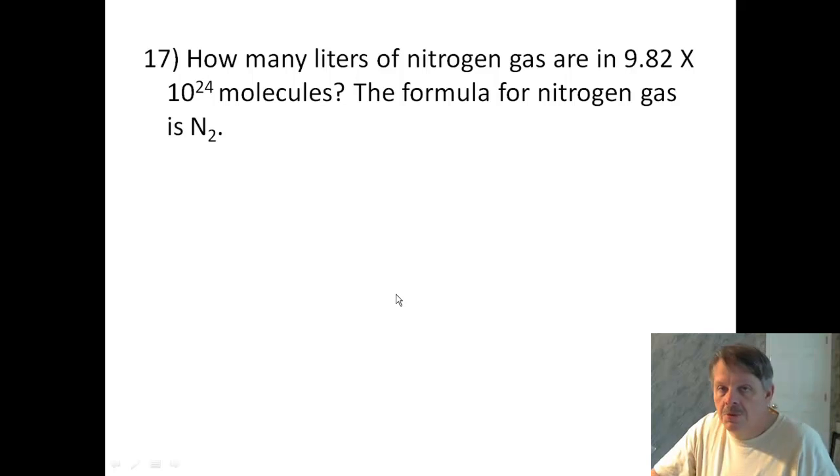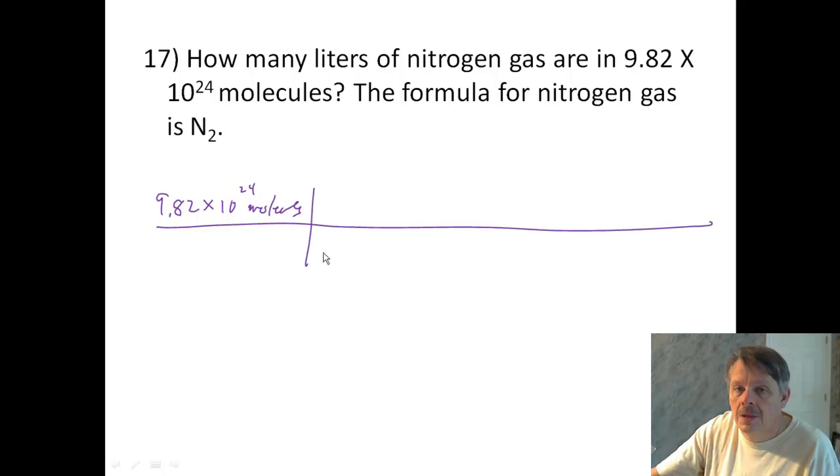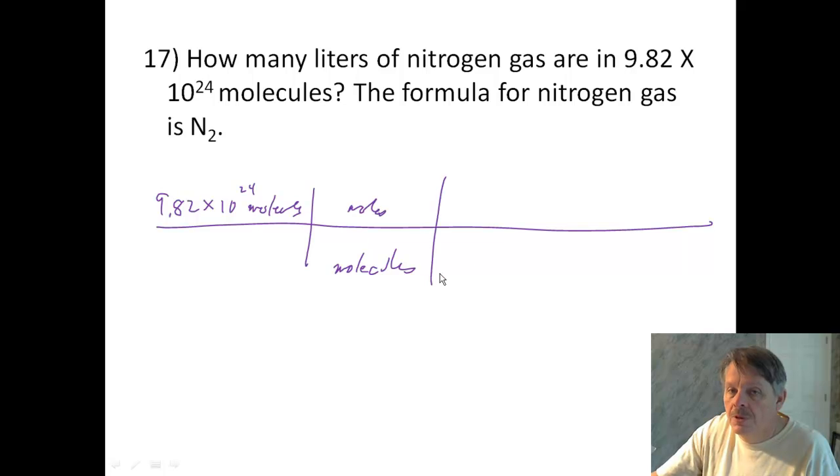On to number 17. We have liters, we have molecules, don't need to worry about mass. So let's start with what we have, 9.82 times 10 to the 24th molecules. And we are going to get rid of molecules. And what are we going to go to? Of course, we go to moles every time. We always have to go to moles.